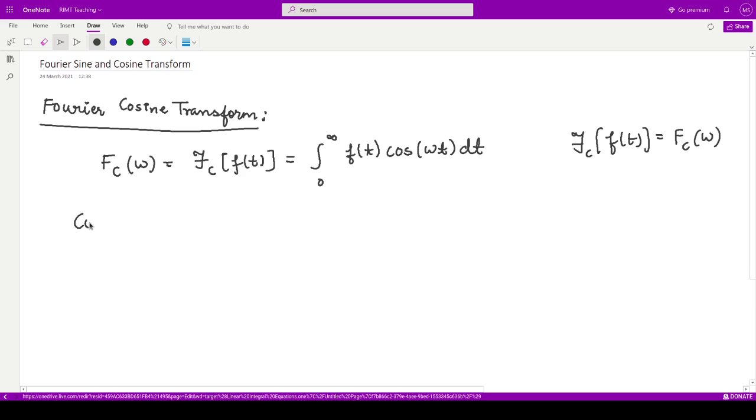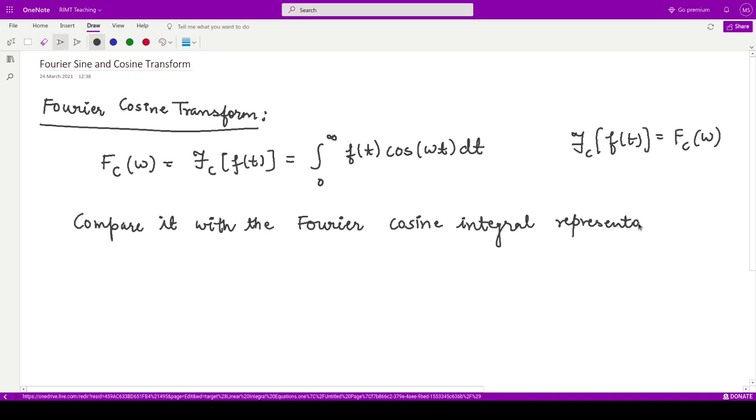Now we can compare this with the Fourier cosine integral representation. As we have written the Fourier integral representation for the given function, similarly we have Fourier cosine integral representation and Fourier sine representation.